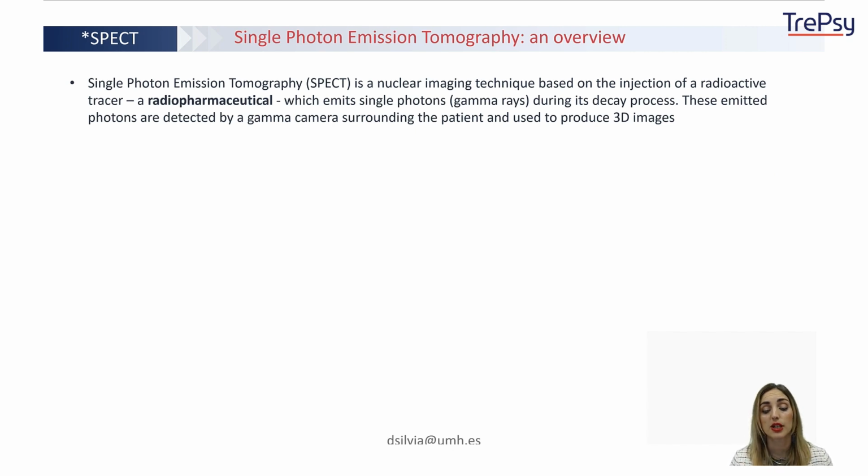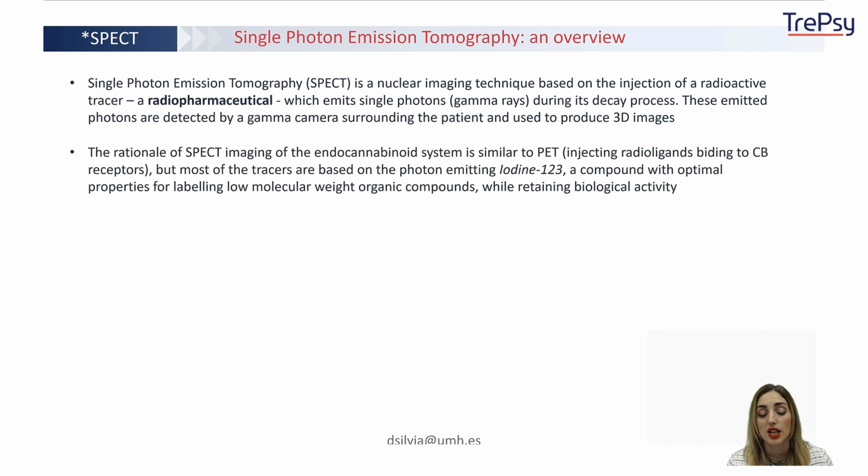Single photon emission tomography is a nuclear imaging technique which is based on injection of a radioactive tracer, a radiopharmaceutical, emitting single photons, gamma rays, during its decay process. So it's another kind of radioactive decay. The photons that are emitted are detected by a gamma camera surrounding the patient and are used to produce 3D images.